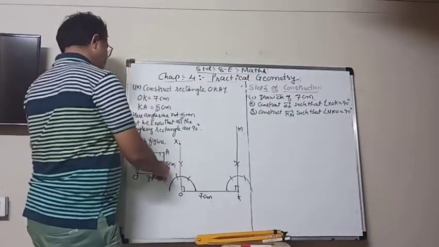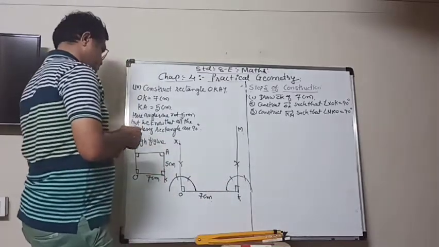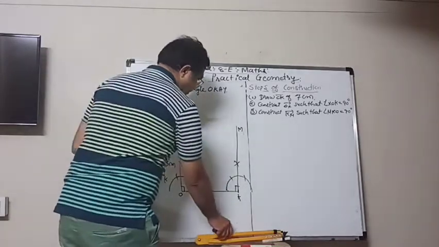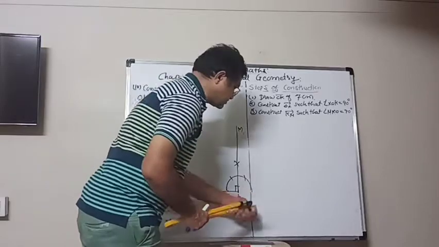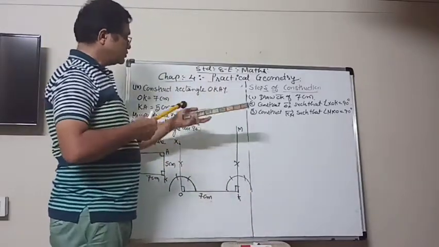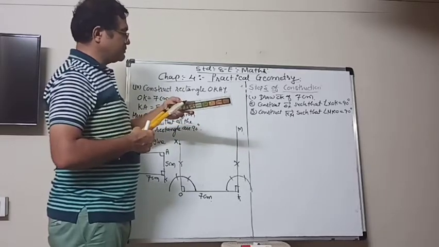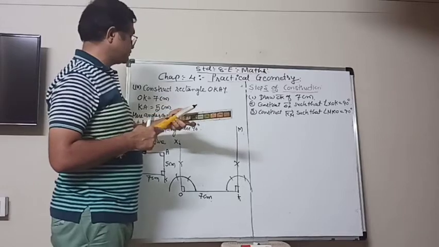Now we are given this is 5 centimeter. So here we have to draw an arc such that length is 5 centimeter. From here I will take the measurement of 5 centimeter.